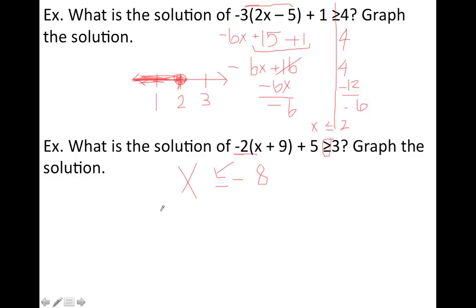And to graph your inequality, your little line here, put your 3 hashes, negative 8 goes in the middle, a number greater than would be 0, a number less than would be negative 10, put your point on negative 8, we fill it in because it is equal to, and notice how arrow's pointing to the left, and negative 10 is less than negative 8, so shade to the left.